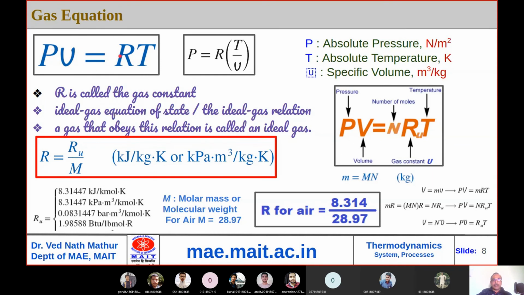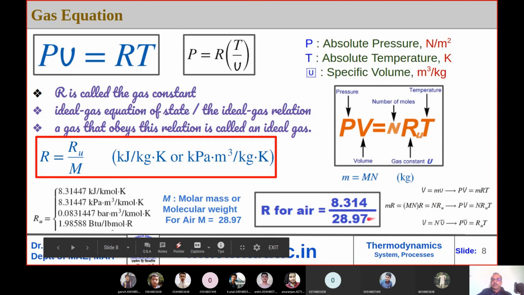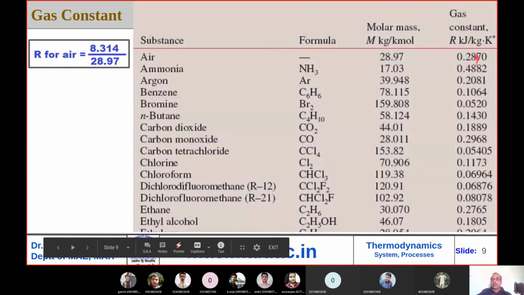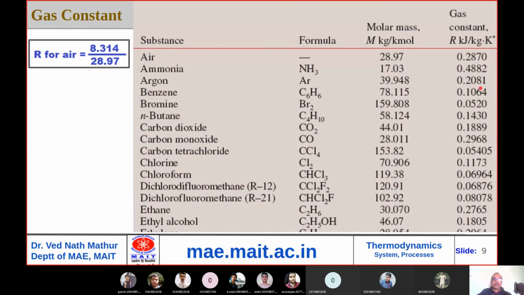Now in this case, this R is the characteristic gas constant. In chemistry, mainly people use the universal gas equation PV is equal to R̄T. For all our calculations, we'll be using Pv is equal to RT, where R is the gas constant and v is meter cube per kg.